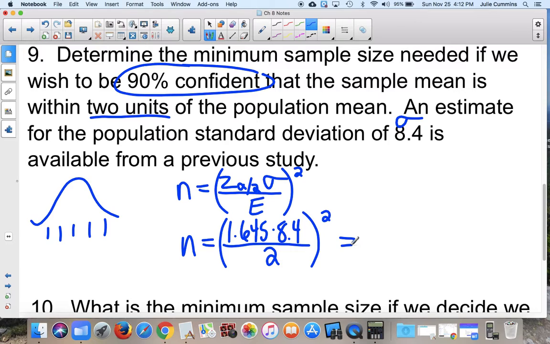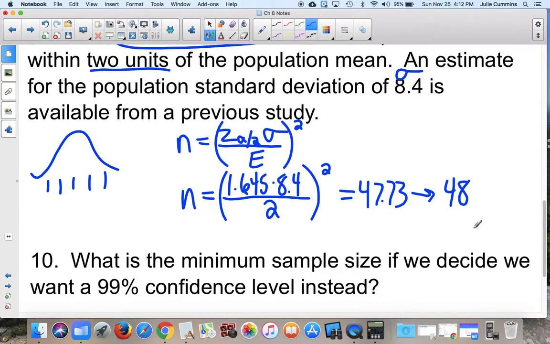Grab a calculator: 1.645 times 8.4 divided by 2. Square the whole thing, and we get 47.73, which we need to round up to 48. So that is the number of people we need to include in this particular study.